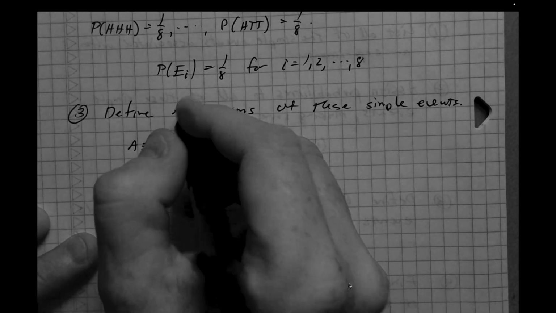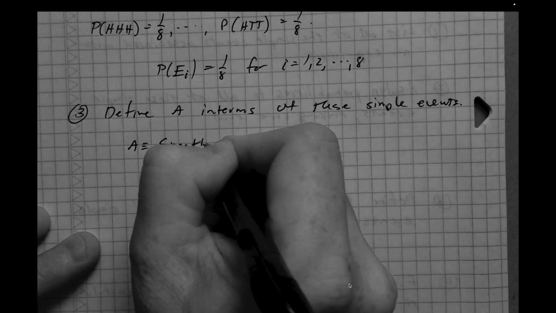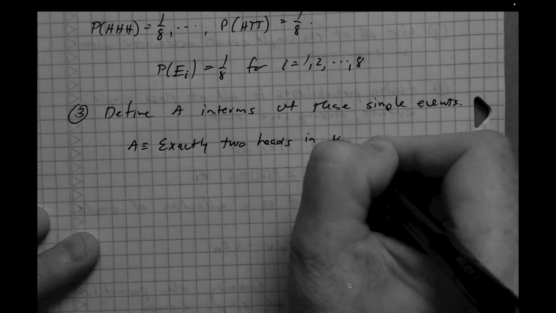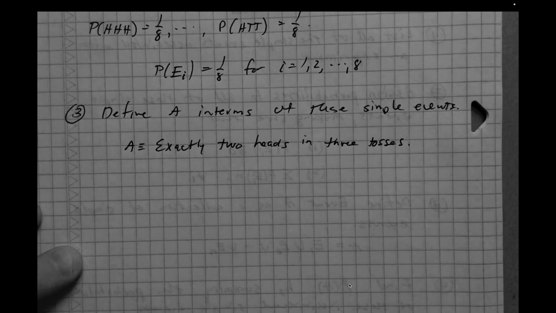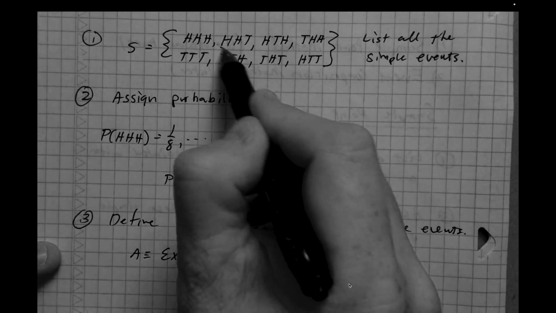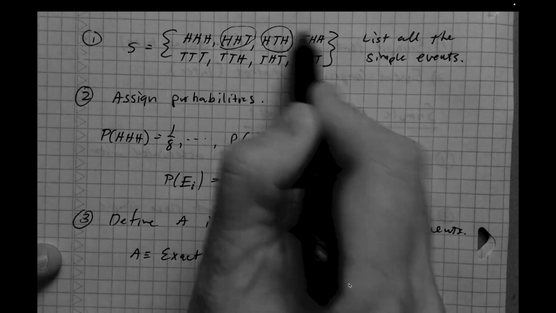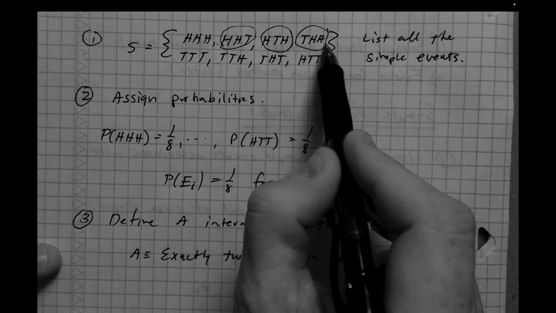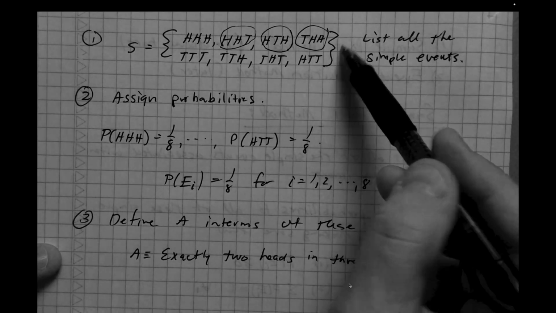Well, A was exactly 2 heads in 3 tosses. Okay, and so if we just look at our sample space up here, we're really talking about this one, and this one, and that one. 2 heads. HHT, HTH, or THH. Those are the 3 simple events that can lead to A.